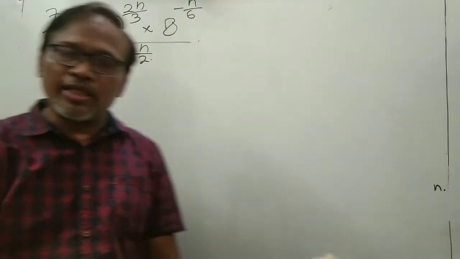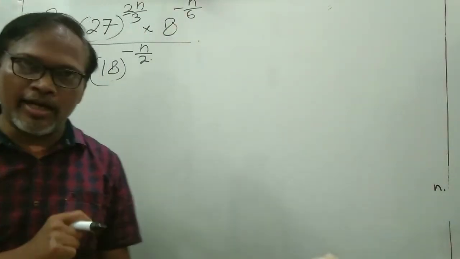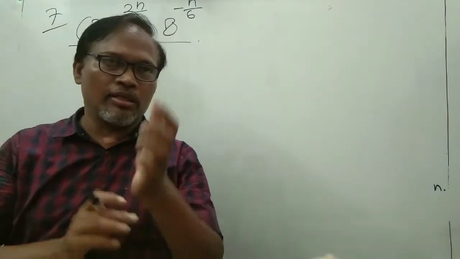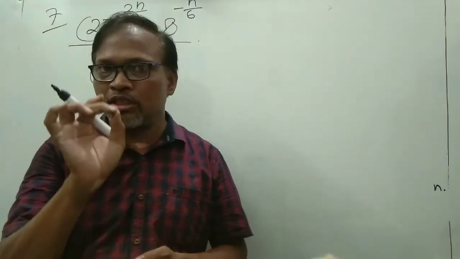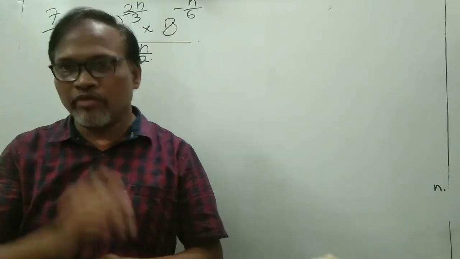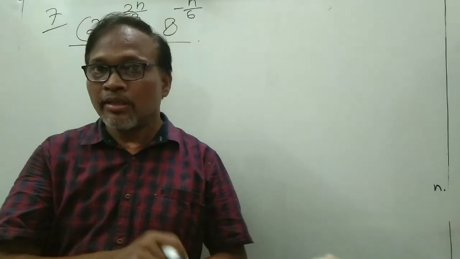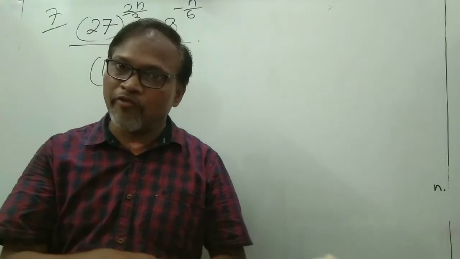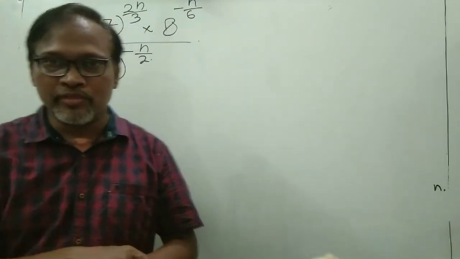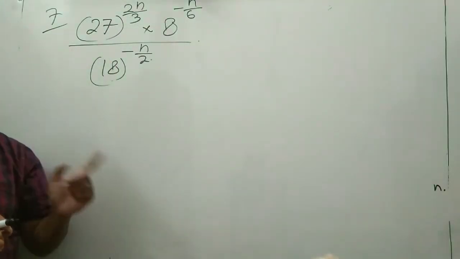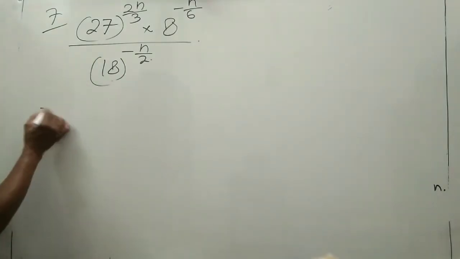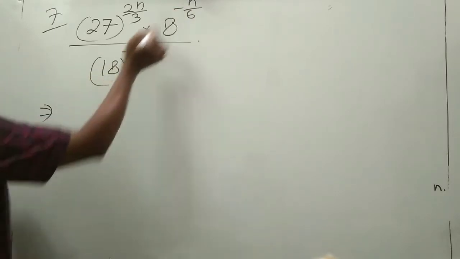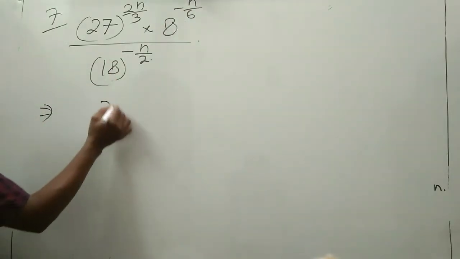When you have different numbers that cannot be cancelled, you have to change them into prime factors. Every number changes into prime factors. But before changing into prime factors, what do you have to do? If the question has a negative power, you have to change it into the positive power.